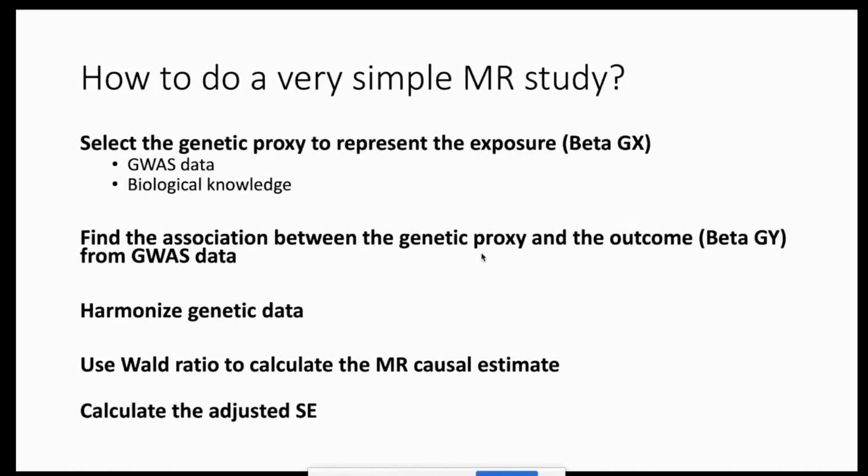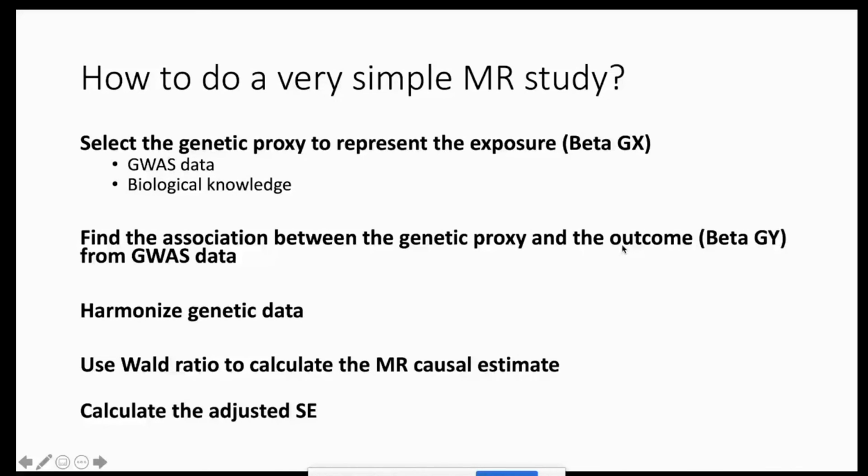So putting this all together, we're going to do a simple Mendelian randomization study. And essentially there's 5 key steps that we need to take for any Mendelian randomization study. So we need to get the genetic data from genome-wide association studies for the exposure and the outcome.